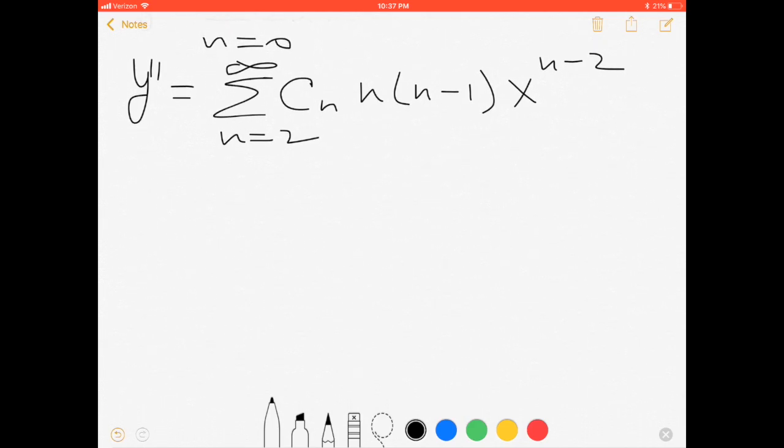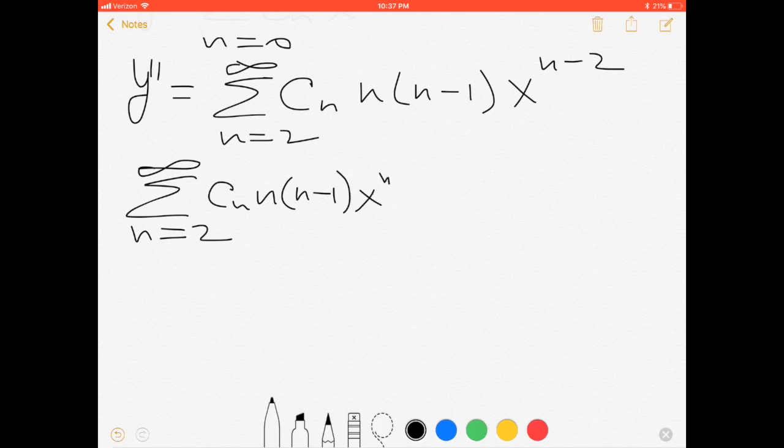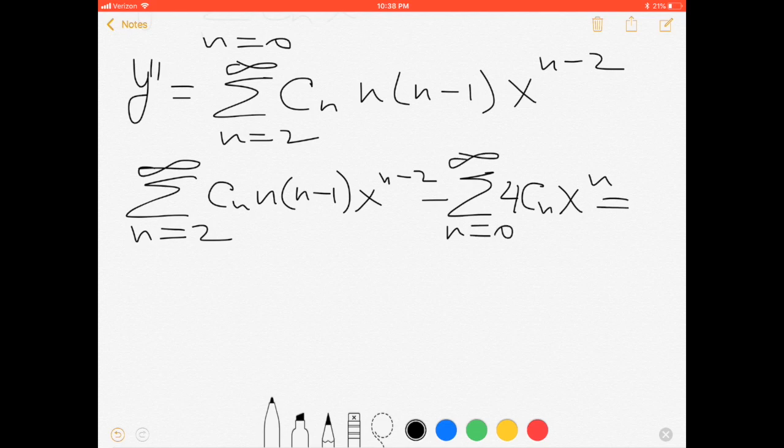We have series starting with 2 to infinity, cn n times n minus 1 x to the n minus 2 minus 4 times, maybe I put 4 inside the series, this will be more clear, 4 cn x to the n starting from 0 to infinity equals 0.